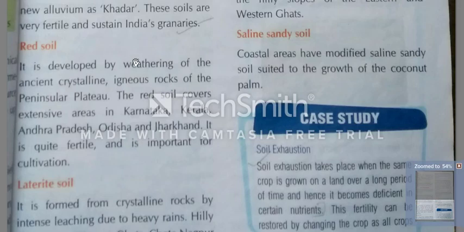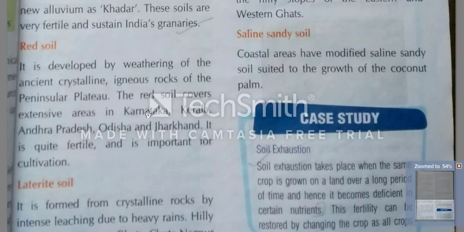Ancient means old. Because of the weathering, the ancient small particles of igneous rocks in the Peninsular Plateau developed. The red soil covers extensive areas in Karnataka, Kerala, Andhra Pradesh, Odisha, and Jharkhand.